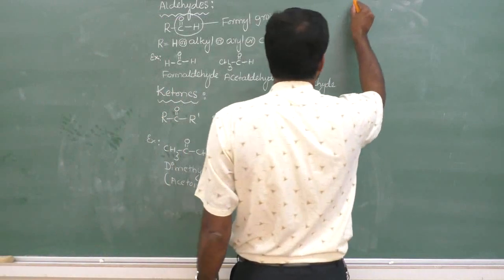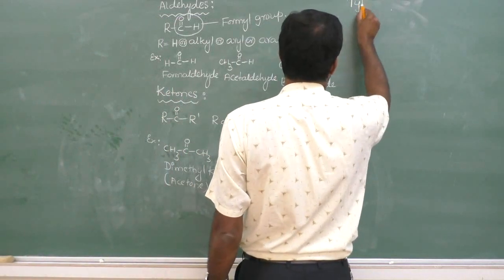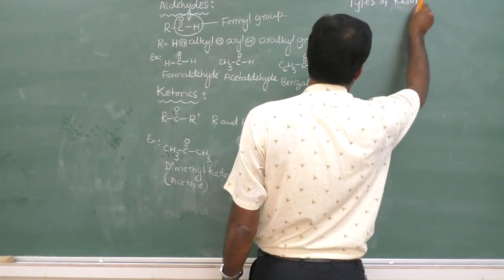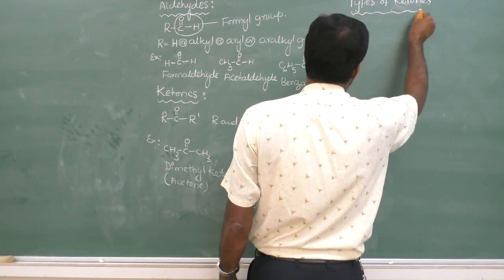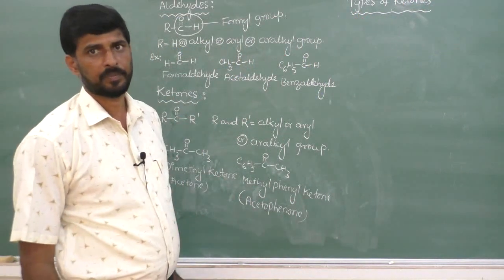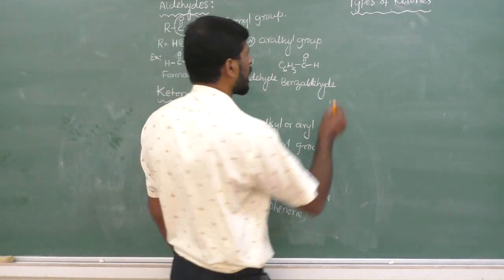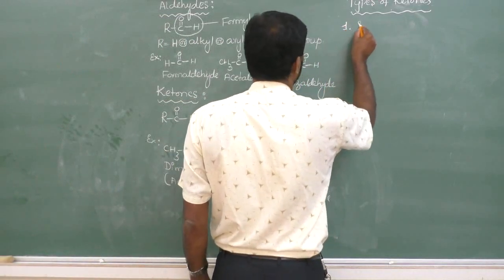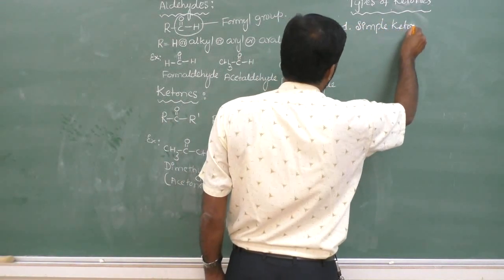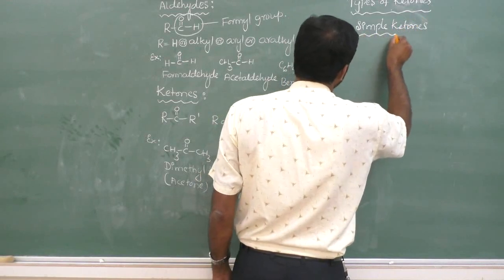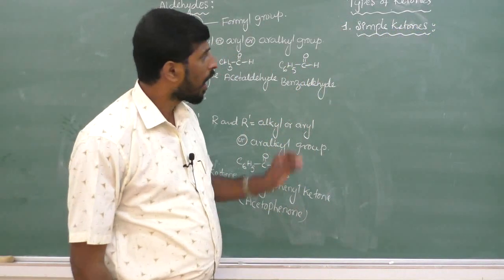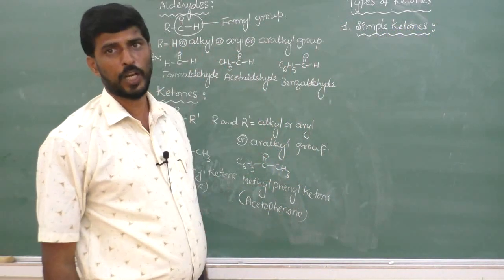Next, we will move on to types of ketones. Ketones are classified into two types. What are the two types of ketone? Number one, the simple ketone. What are these simple ketones? The simple ketones are the ones in which the same group is attached on either side of the carbonyl functional group.